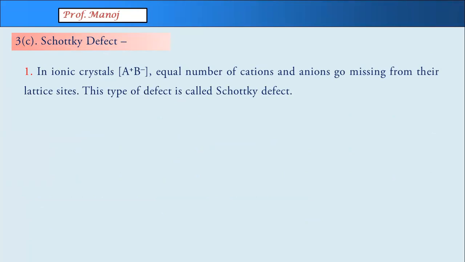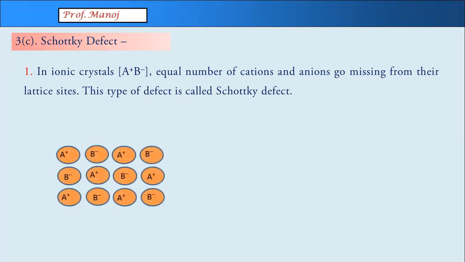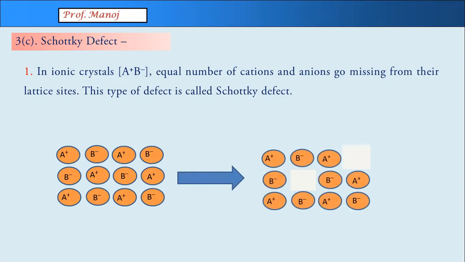And an equal number of cations and anions go missing. So this is the ideal crystal structure. From this, one cation and one anion go missing. Now this condition you can see is Schottky defect, which indirectly, if you check, is just like vacancy defect only.